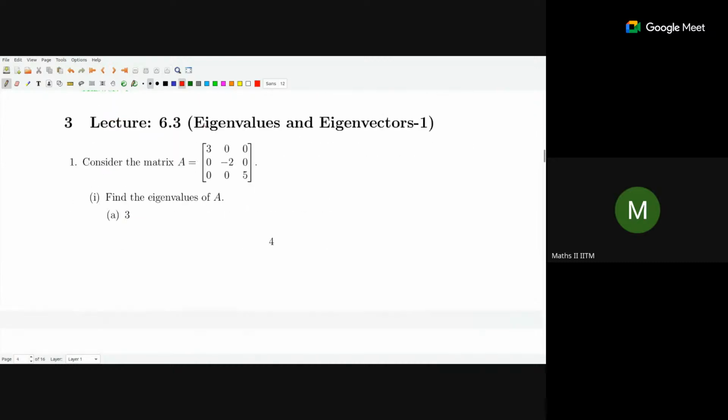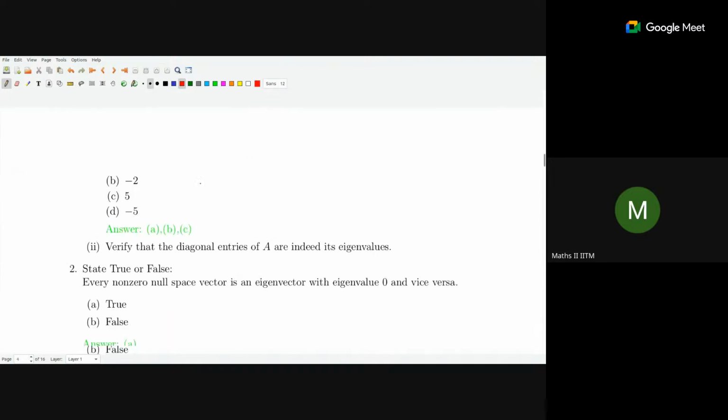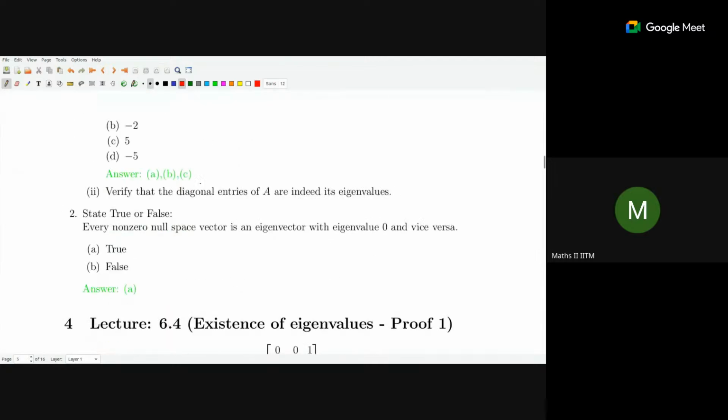And 6.3 is very well known, with larger matrices. You know how to compute eigenvalues and eigenvectors for 2 cross 2 matrices. But if the matrix is more than 2 cross 2, like if the order is 3 cross 3 or 4 cross 4, or maybe even higher dimensions, how do you compute the eigenvalues and eigenvectors? We will not go beyond 4 cross 4.